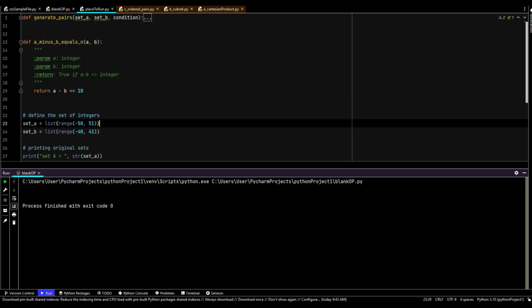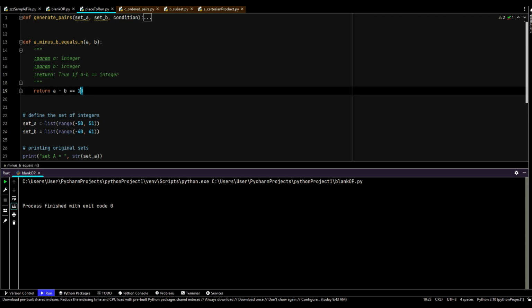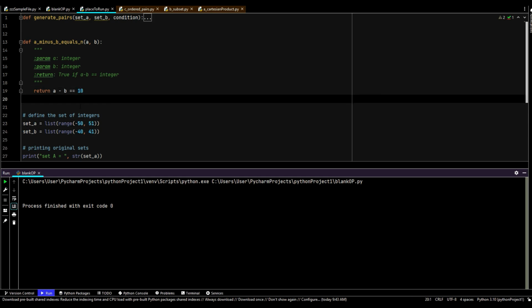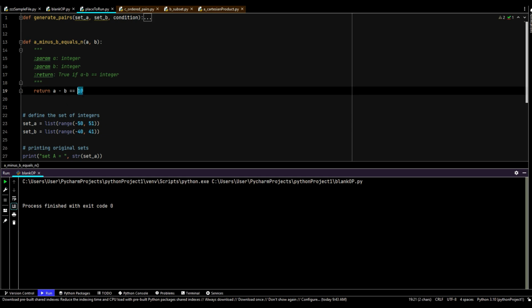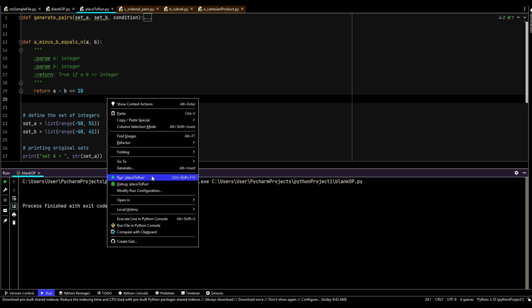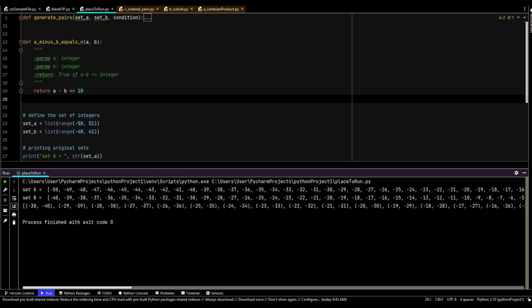In set A I'm putting -50 to +50, and in set B I'm putting -40 to 40, and where the difference turns out to be 10, those will be listed, those will be related. Again, remember, I can have any integer over here. I'm having 10.